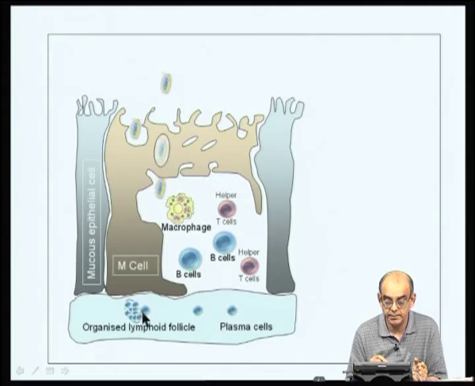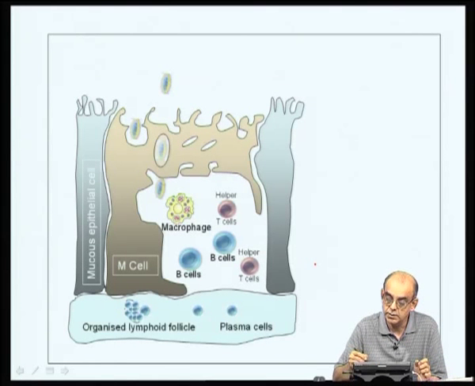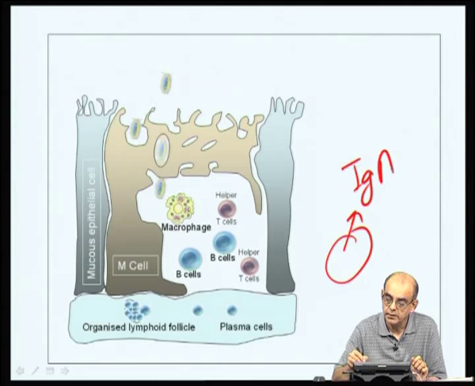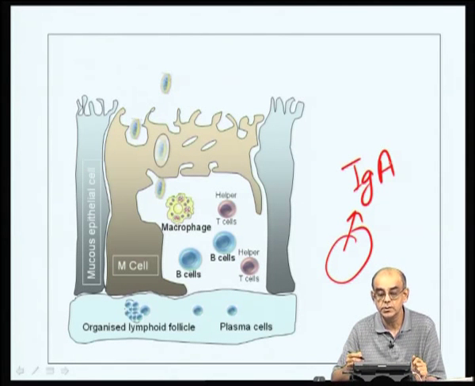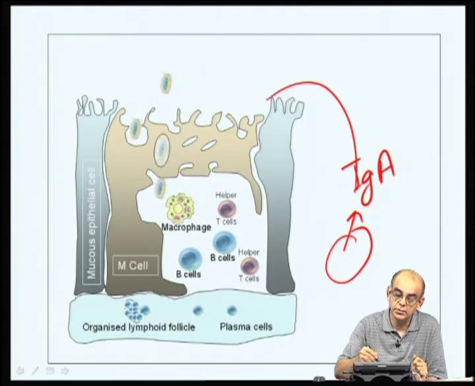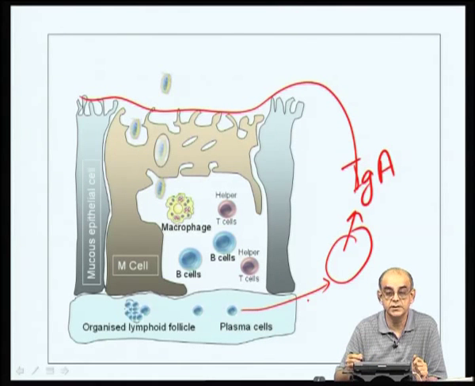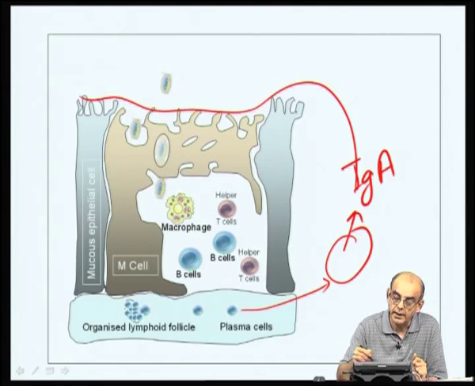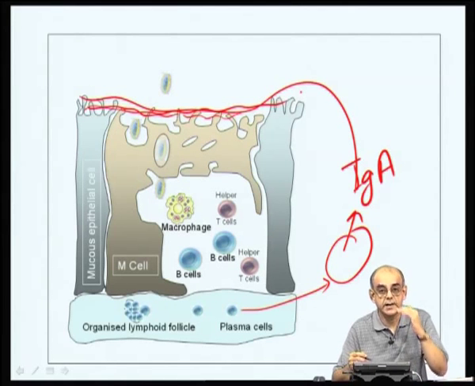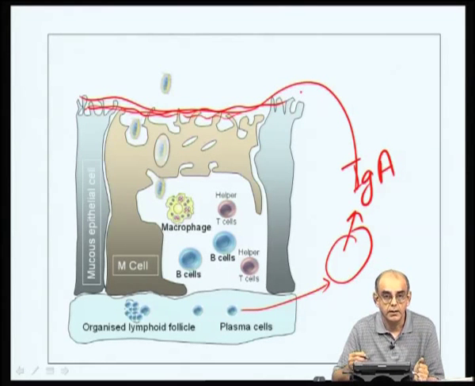These then activate the B cells to become plasma cells, and one of the major functions of these plasma cells, especially in this location, is to secrete IgA molecules. These are the secretory IgA molecules which line the mucosal lining of the intestine. This IgA secreted by these plasma cells comes out and lines the intestine and acts as a barrier for incoming pathogens.